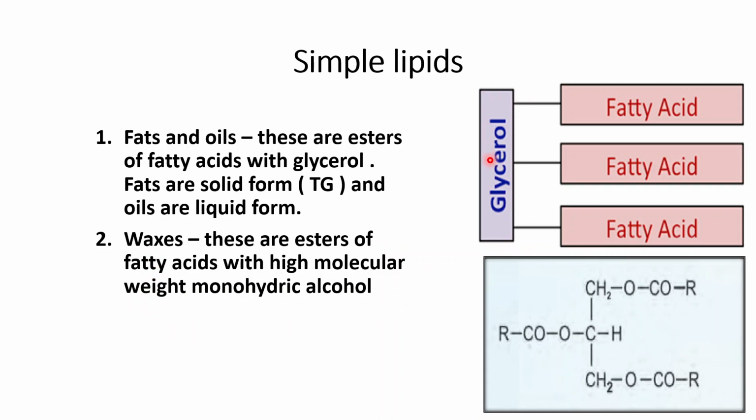Instead of glycerol, if there is a high molecular weight monohydric alcohol, then it is known as waxes. Glycerol has 3 hydroxy groups, while in waxes there is only 1 hydroxy group. So these are the examples of simple lipids: fats and oils and waxes.